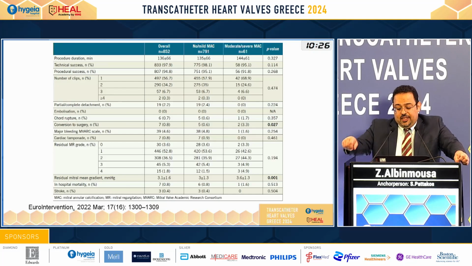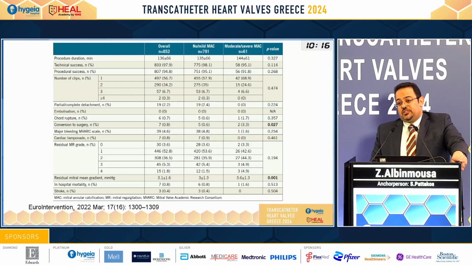But we also have to mention that there is still a risk of cord rupture and conversion to surgery. So you have to be careful when dealing with such patients with mitral TEER.